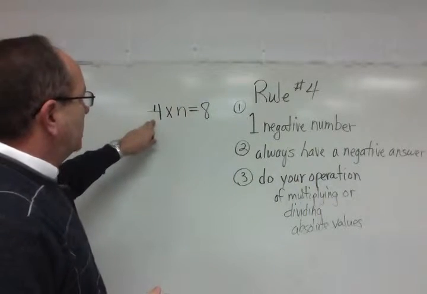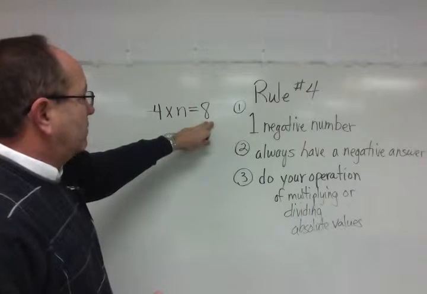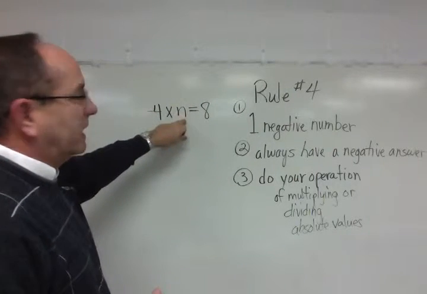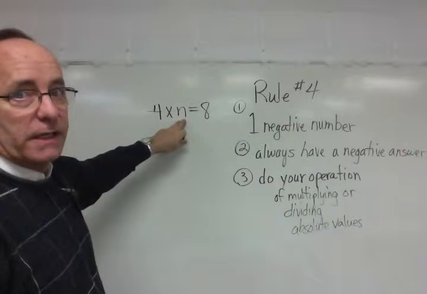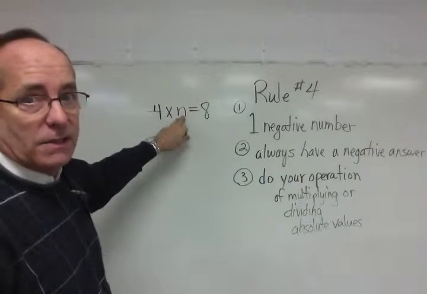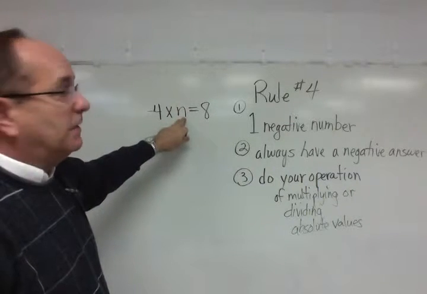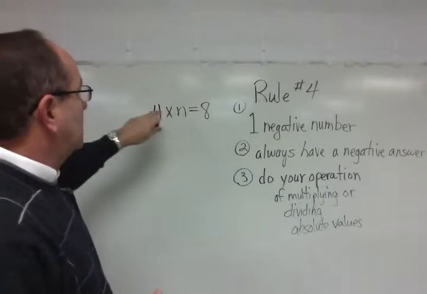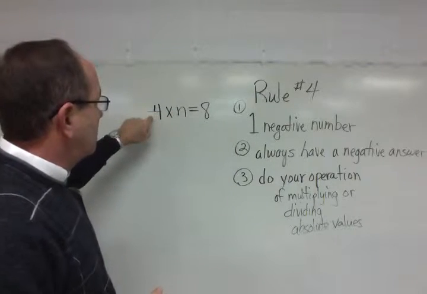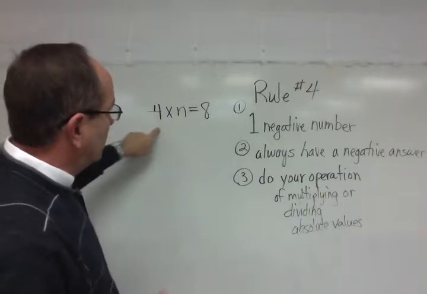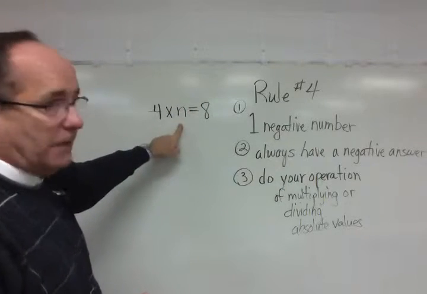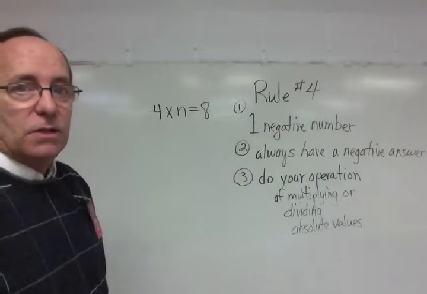If I have one negative, because that's positive, I know this one has got to be positive or negative? It's got to be negative because I have one negative already, and the answer I'm trying to solve, which isn't the answer but a factor, that's got to be negative 2.